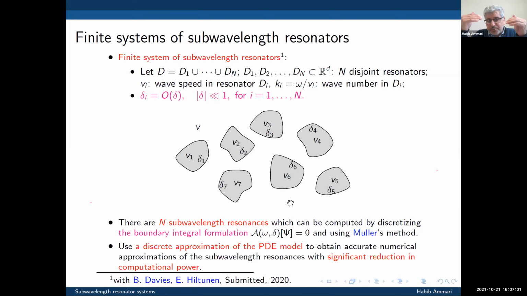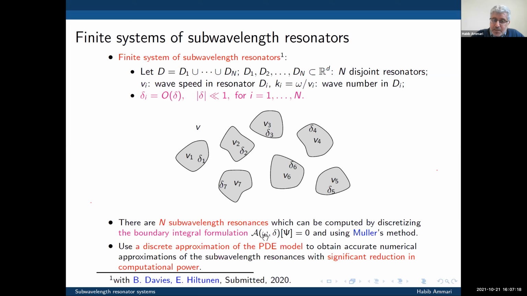Now, in order to compute these resonant frequencies, we can discretize a boundary integral formulation, like this, and then we can use Muller's method in order to compute the characteristic values of this boundary integral formulation.